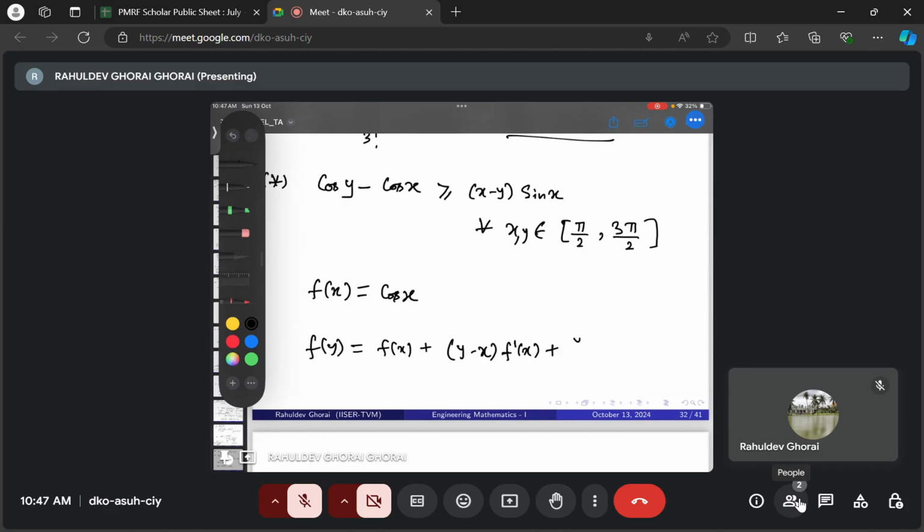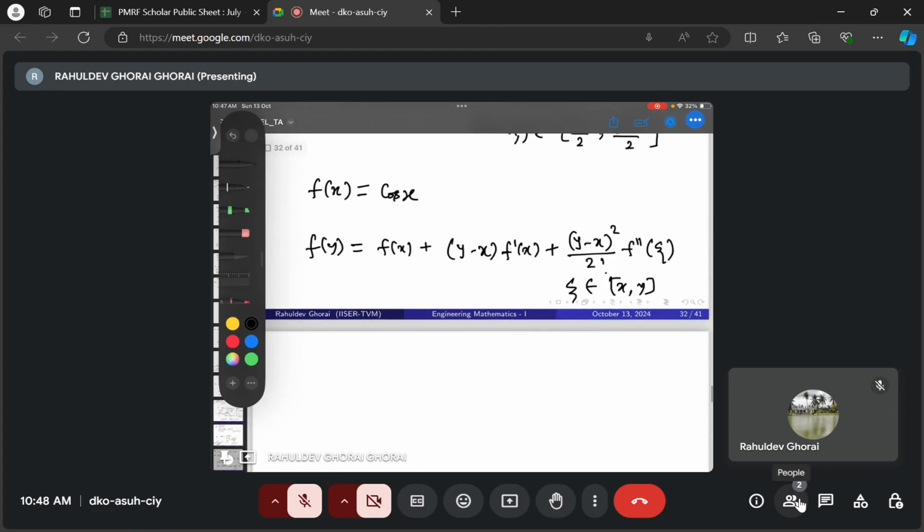So y minus x whole square over 2 factorial f double prime xi, where xi belongs to x to y if y is bigger.